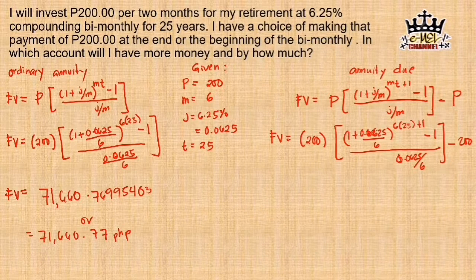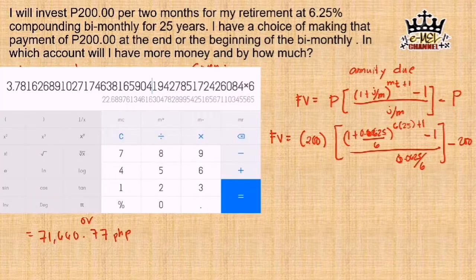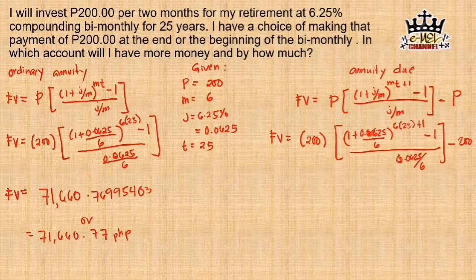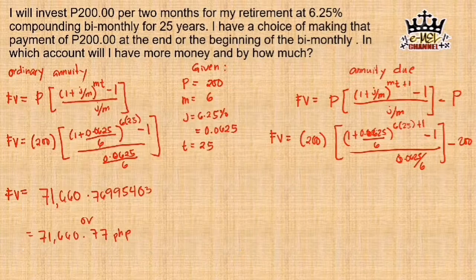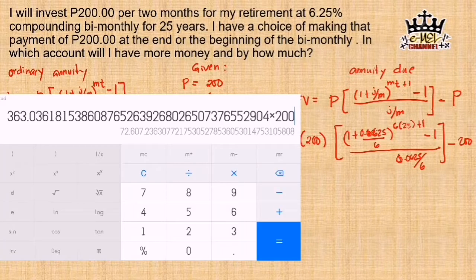So instead of dividing, we multiply. Multiply the result by 6. The answer is 22.68976134 and so on. Then divide by 0.0625. The result is 363.036181 and so on. Then we multiply it by 200.